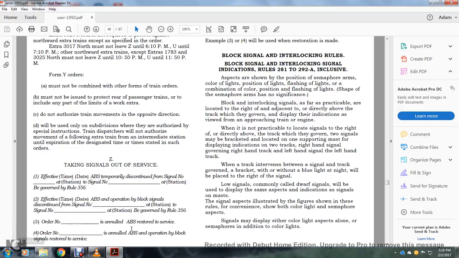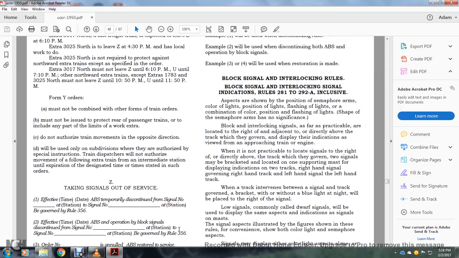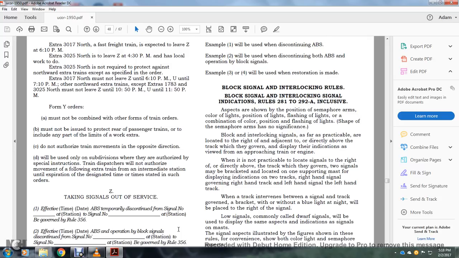Order number blank is annulled. Automatic block service operating by block signals restored to service. Example 1 will be used in discontinuing automatic block system signals. Example 2 will be used in discontinuing automatic block signal and operation by block signals. Examples 3 and 4 will be used if restoration is made.